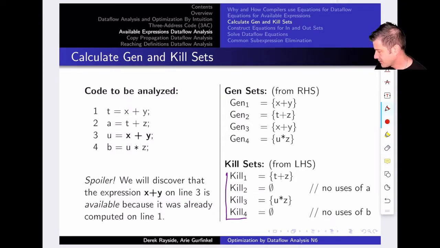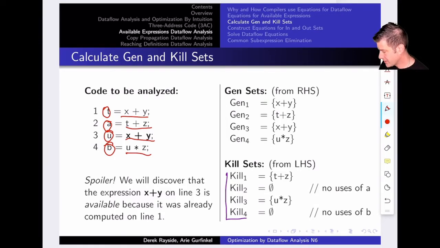So for example, the first statement kills anything that has t, generates x plus y. Second one kills anything that has a, generates t plus z. Kills everything that has u, generates x plus y. Kills everything that has b, generates u times z.